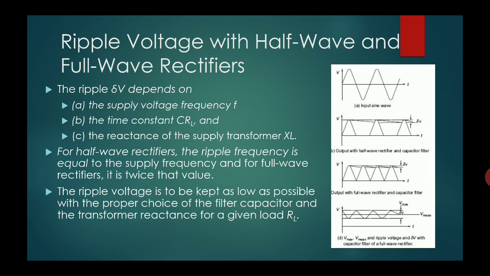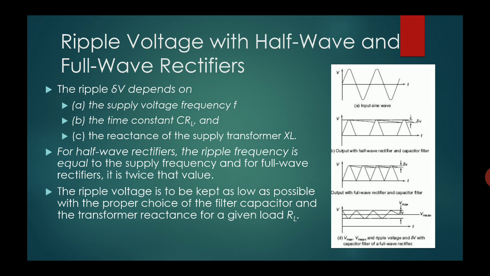You can see the ripple voltage delta V depends on the supply voltage frequency f, the time constant of the capacitor and resistor circuit, and the reactance of the supply transformer XL. The reactance is there because the supply transformer will create a reactance, and that might lead or lag the current.